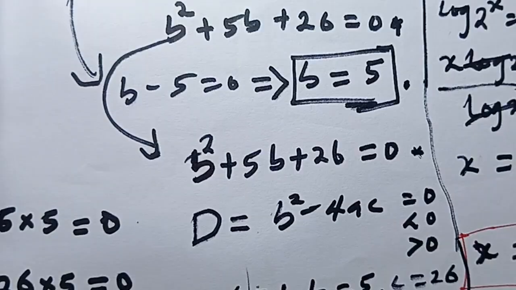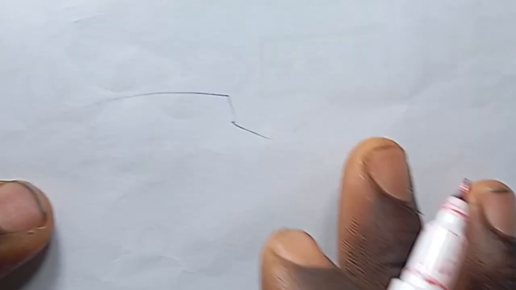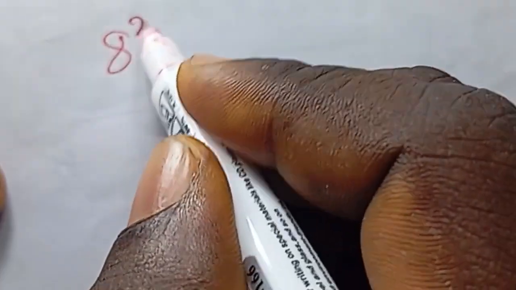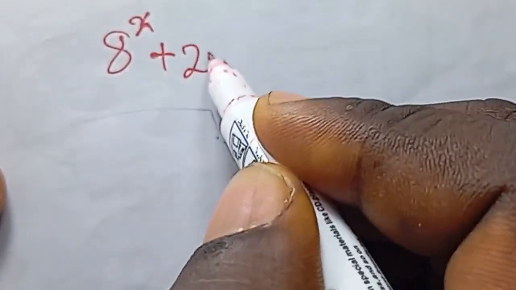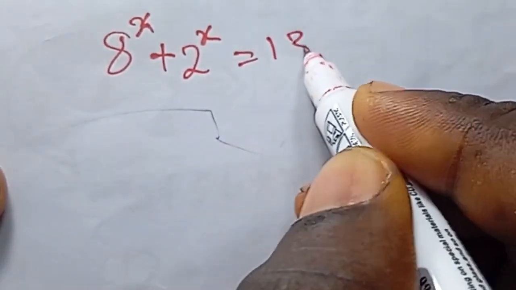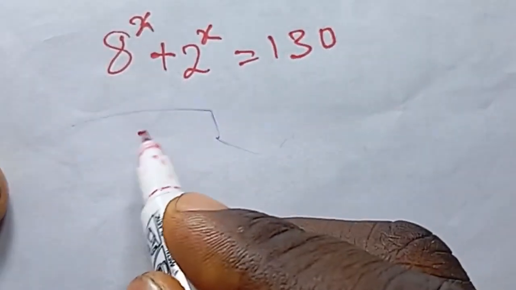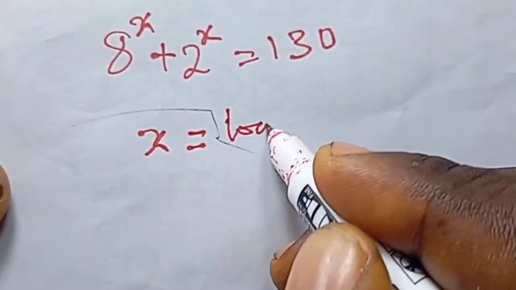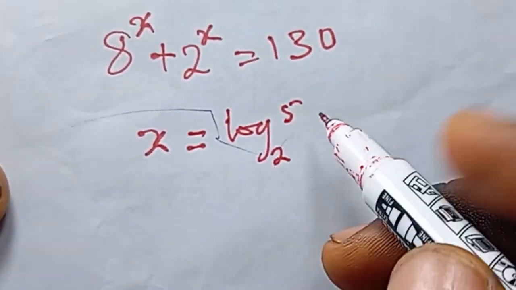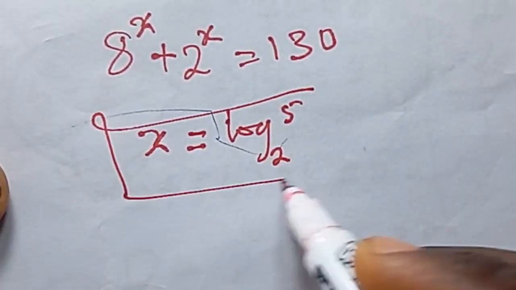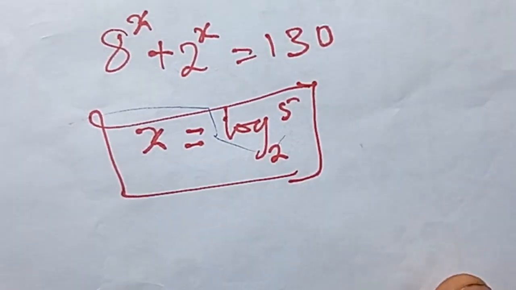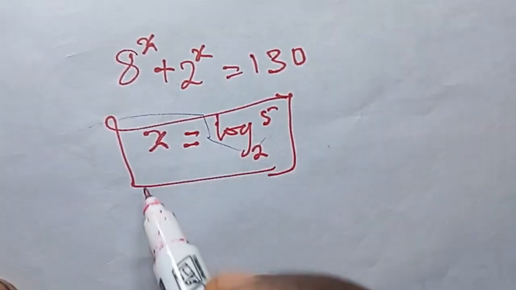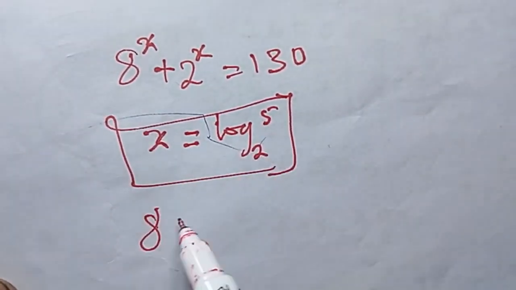So this is actually going to be the value of x. Okay, so we can just quickly go ahead and confirm whether this will satisfy the problem we just solved. The question we solved is 8 power x plus 2 power x is equal to 130. And so we want to find out whether x equal to log 5 base 2 will satisfy the equation. So anywhere we see x, we'll just replace it with this value.